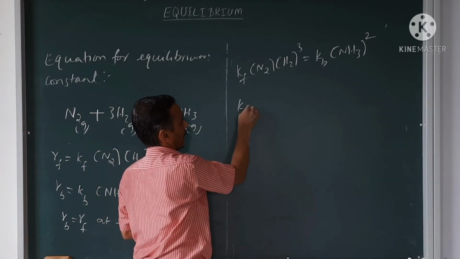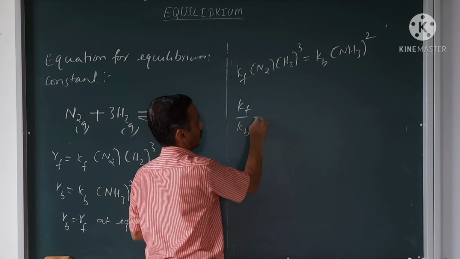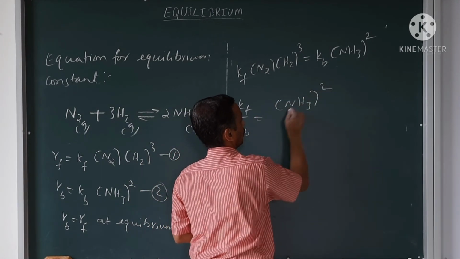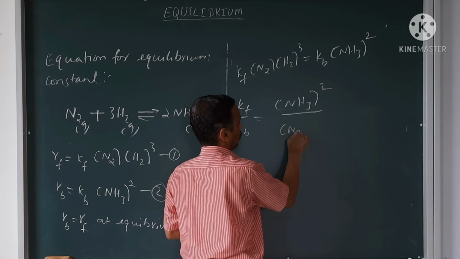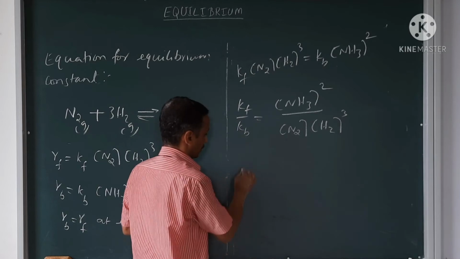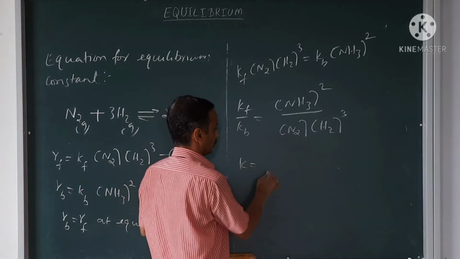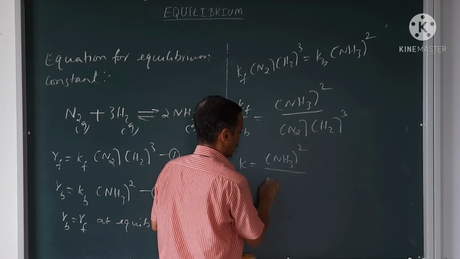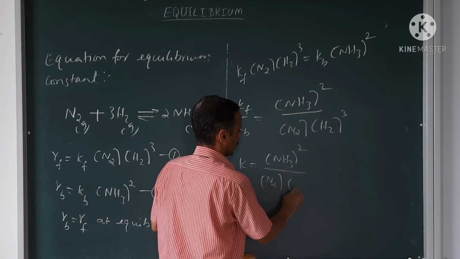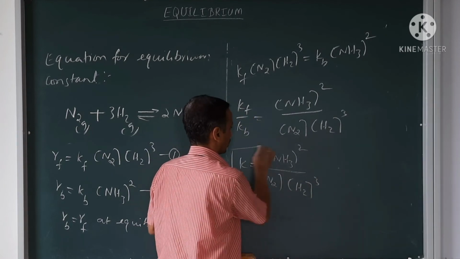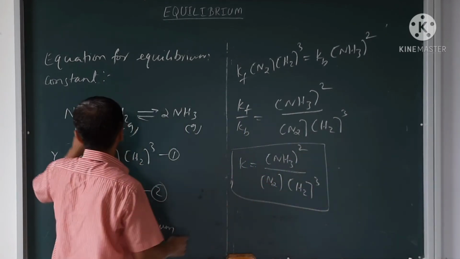So Kf by Kb is equal to NH3 to the power 2 divided by N2 into H2 to the power 3. That is K is equal to NH3 concentration to the power 2 divided by N2 concentration into hydrogen concentration to the power 3, which is the equilibrium constant for this reaction.